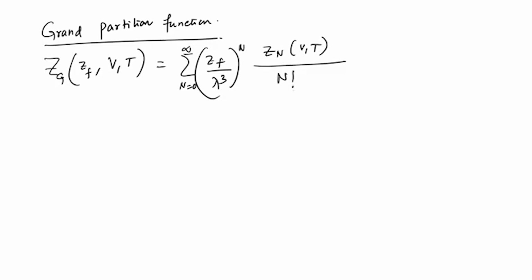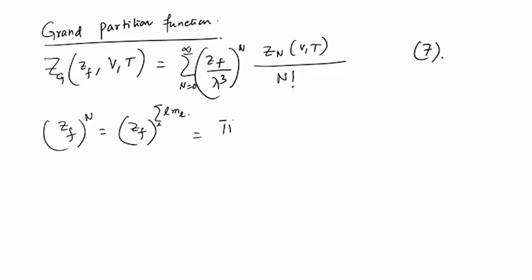Okay. So, that is the expression for the grand partition function, and this can actually be written as follows. Let me see, z_F to the power n is equal to z_F to the power sum over l of l m_l, because that is equal to n, and then this is equal to the product over l of z_F to the power l, to the power m_l.